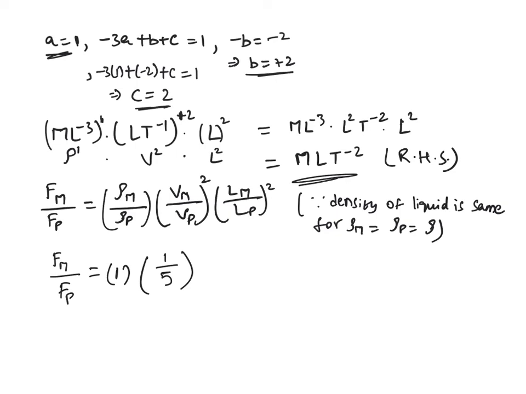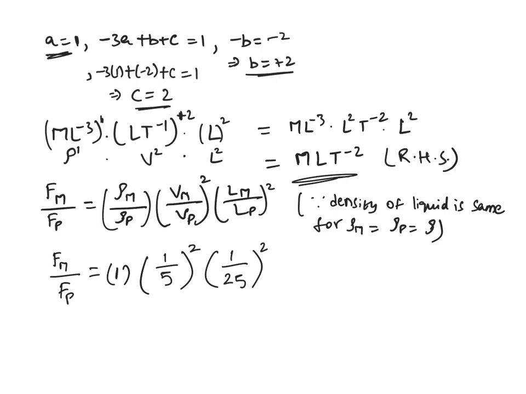So that is 1/5 whole square, multiplied by the length ratio, which is 1/25, whole square.